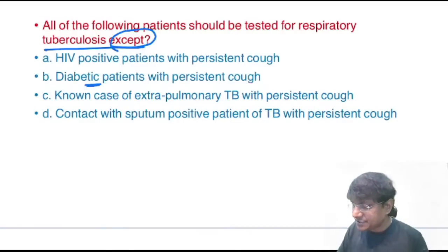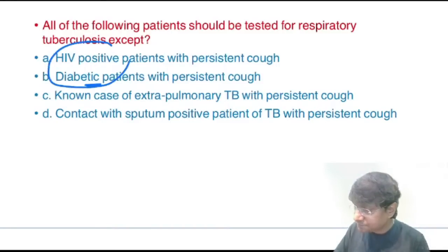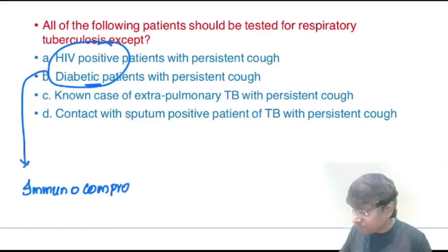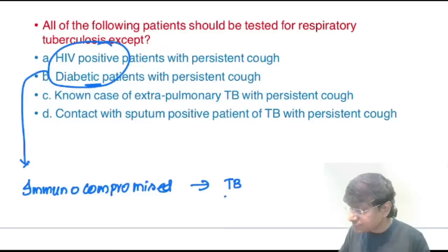See, diabetic patients, if you observe, both of these two are immunocompromised states. So whenever a person is immunocompromised, there is a high chance of tuberculosis.